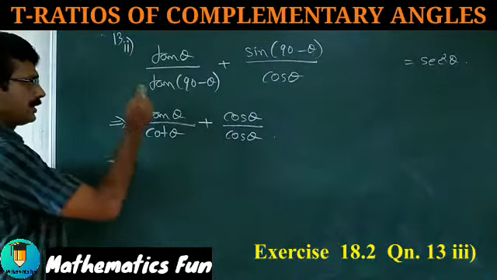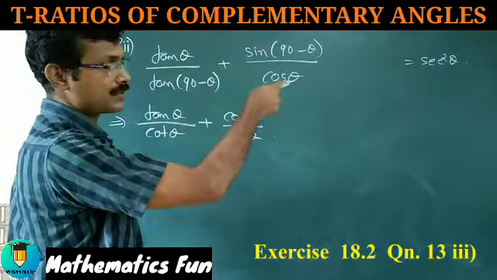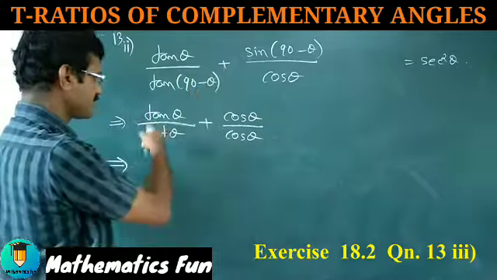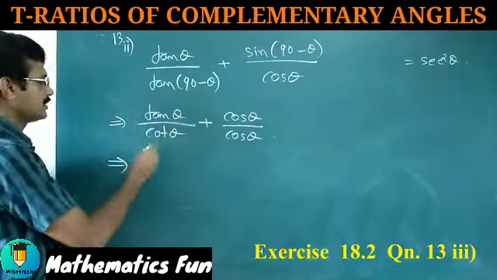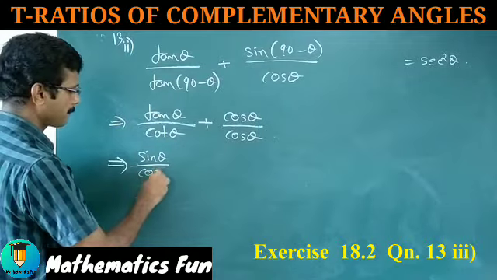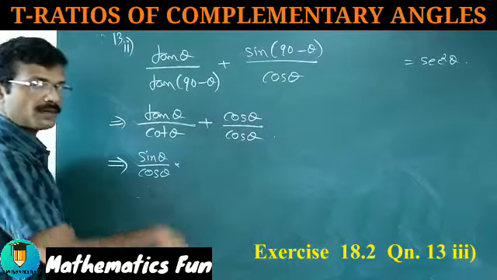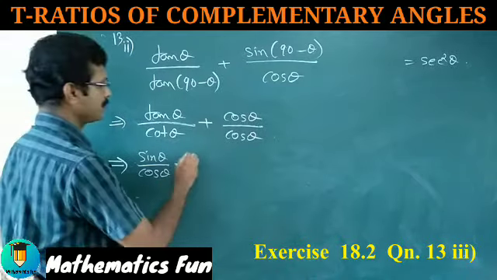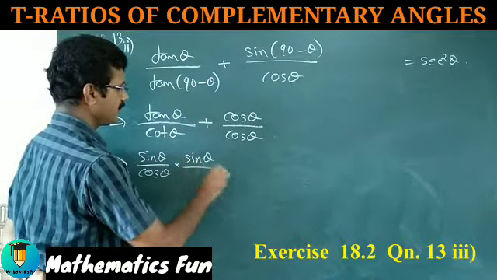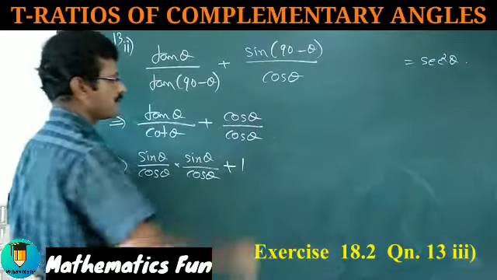Now I will change tan, since we need sec, which means 1 by cos. So we will change this into sine cos form. The numerator will be sine theta by cos theta, the denominator will be cos theta by sine theta, and its reciprocal will be sine theta by cos theta, plus 1.